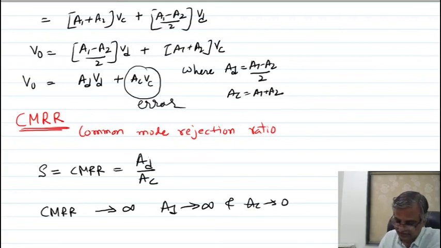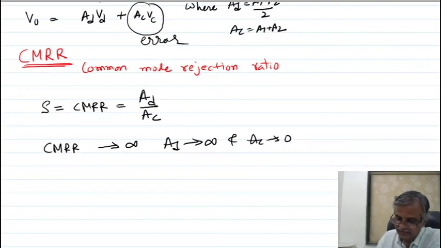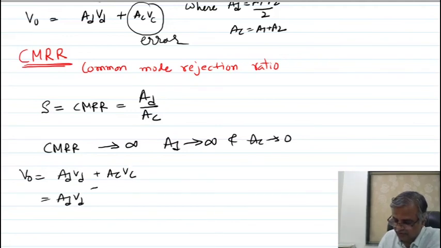Look at the equation again, I am showing you. This is the equation you have written: VO is equal to ADVD plus ACVC. Here I am taking ADVD common, giving ADVD into 1 plus AC by AD into VC by VD.